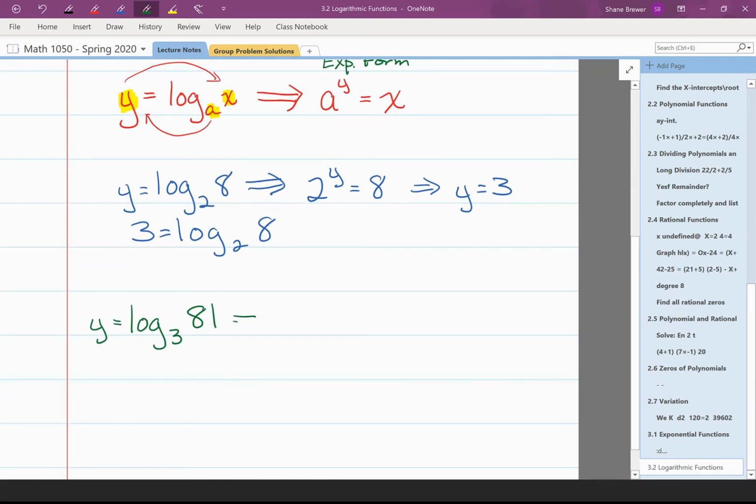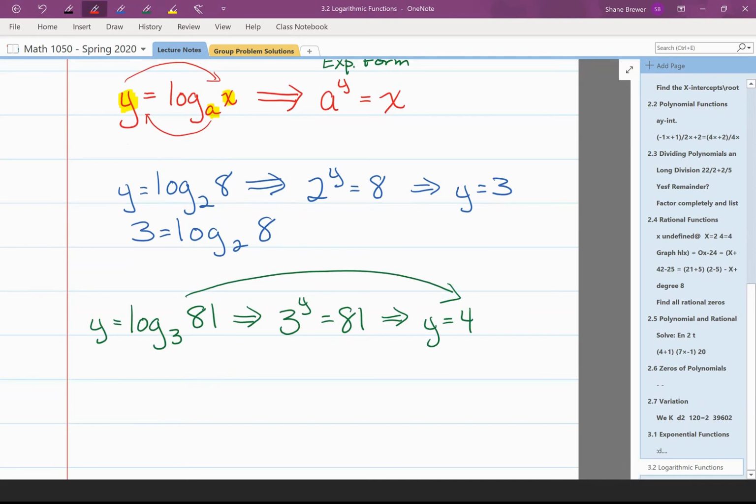If I transform that to its exponential form, 3 to the y equals 81, then I can see what math has to go on. What power do I need to put on the 3 to make this equal? Of course, that's going to be y equals 4, 3 to the 4th power. And so that's what log base 3 of 81 equals.